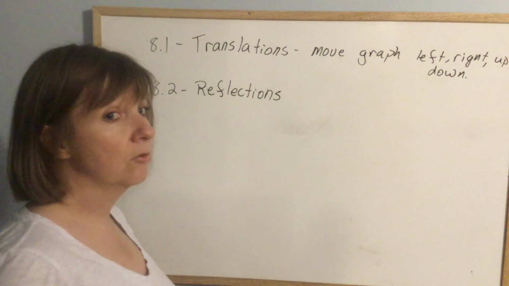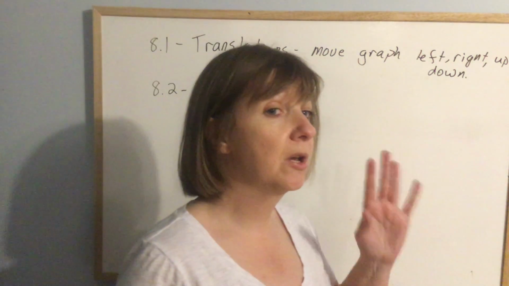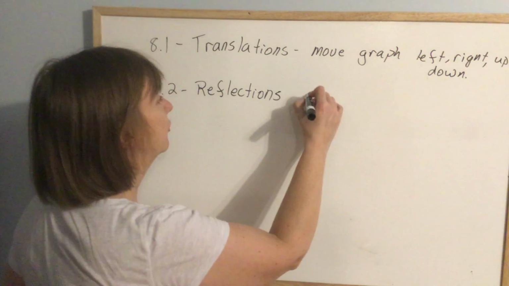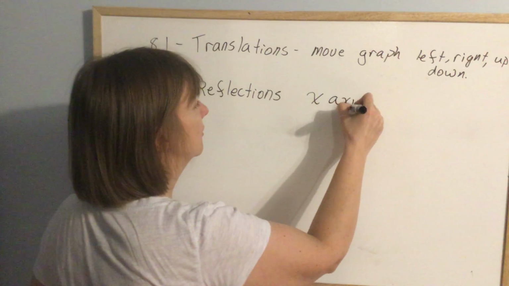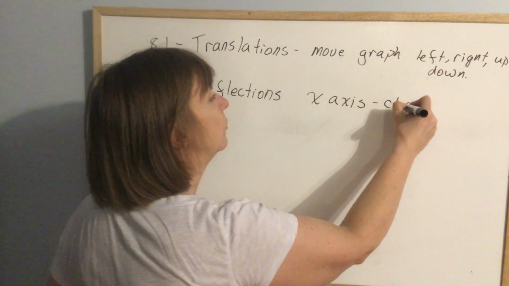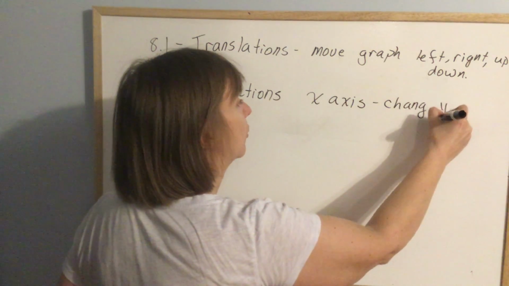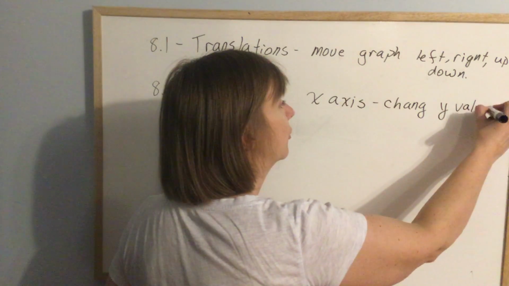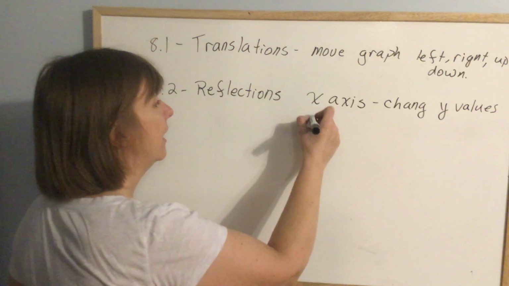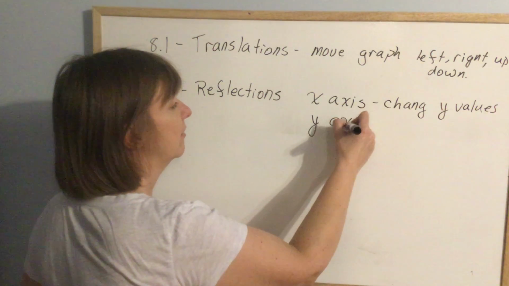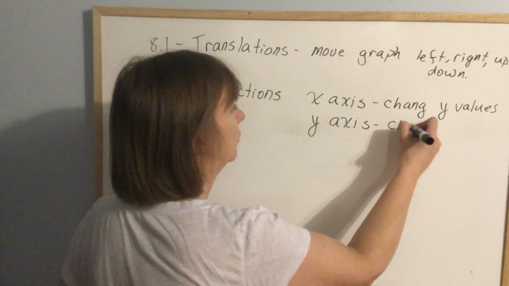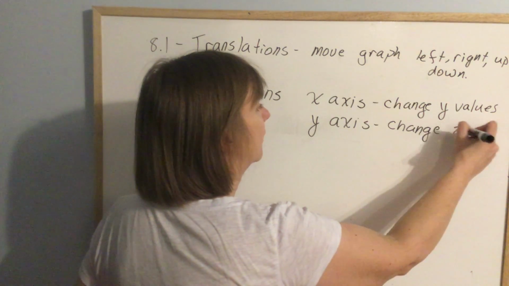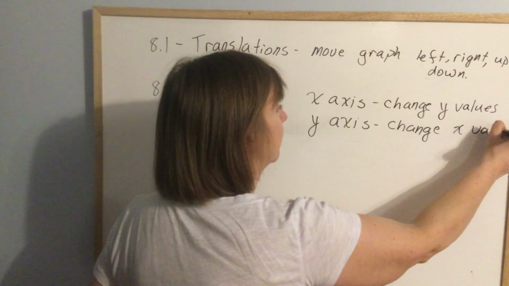Now I want to tell you that there's all different types of reflections, but in grade 9 we only deal with 2 of them. We deal with reflections in the x-axis, and that is when you change the sign on your y values, and we reflect in the y-axis, and that's when you change the sign on your x values.